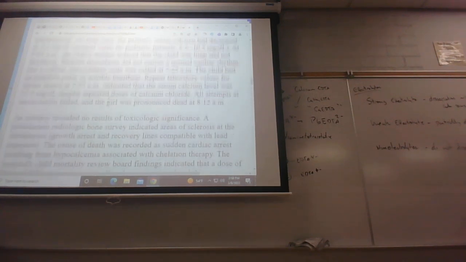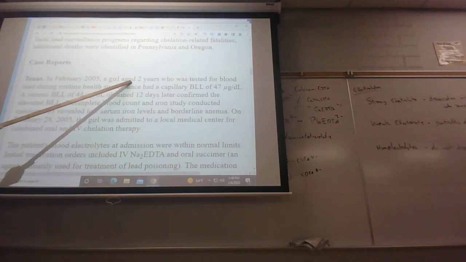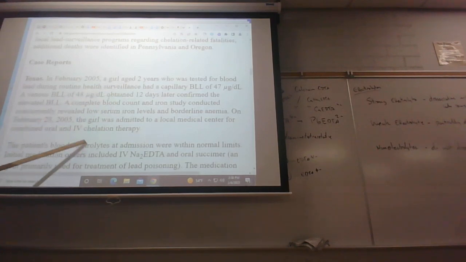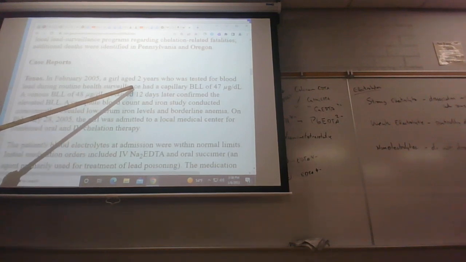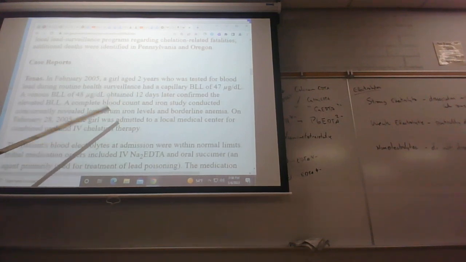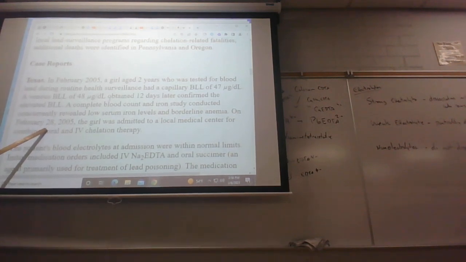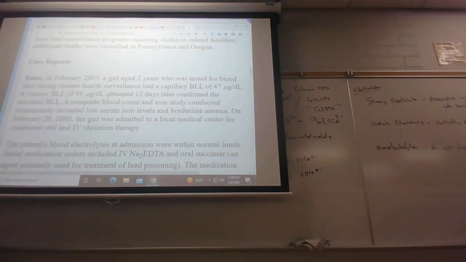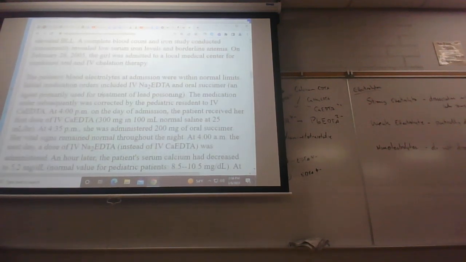And so this happened, there might be more recent cases. This is an old report from the CDC, but this is in Texas in February 2005. A girl, 2 years old, checks in to get chelation therapy because they had a high lead level, BLL. They check in at 4 p.m. Everything's going fine overnight. Actually, not fine.